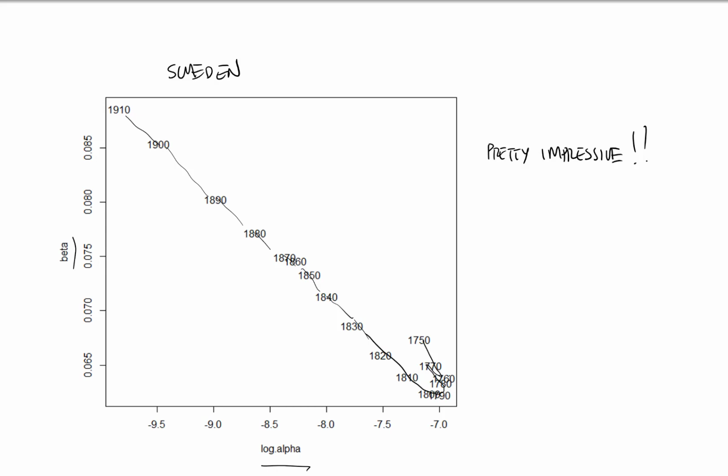Still, for a two-parameter model developed in 1825, 200 years ago, I would argue that's pretty good. And you could look at this as a time series and make a projection about what would happen in 1920 and 1930 and so on.